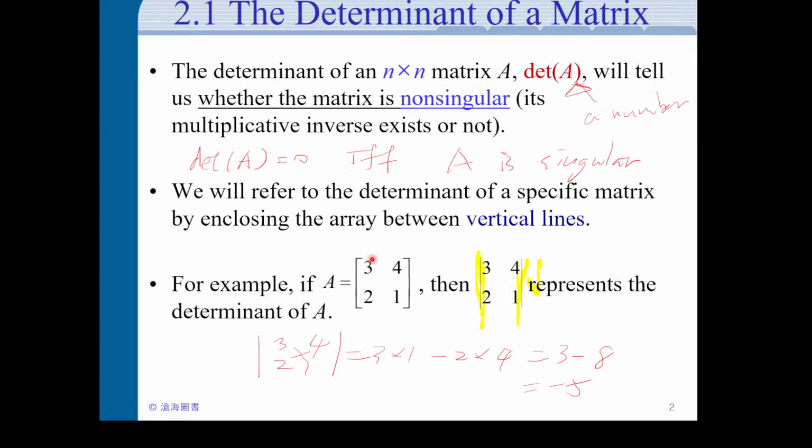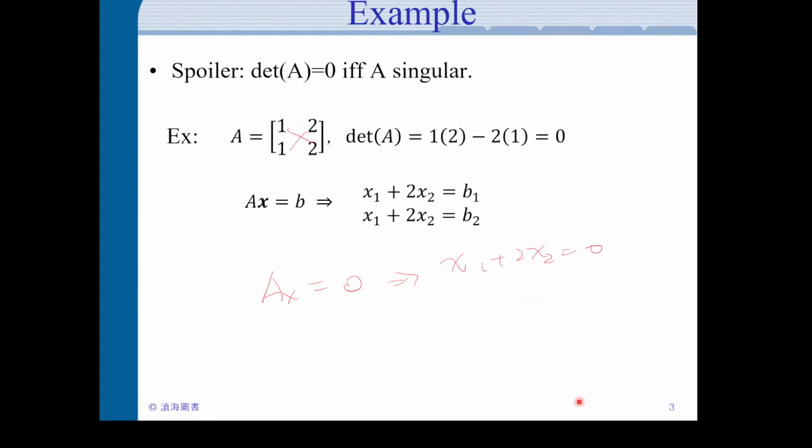You multiply the diagonal together, then you subtract the off-diagonal product. So it's 3 times 1 minus 2 times 4 for this example, and that's minus 5. Okay, and sometimes the determinant is 0.